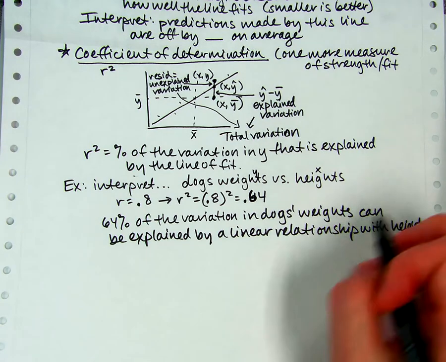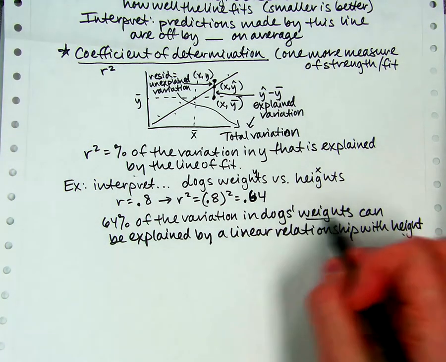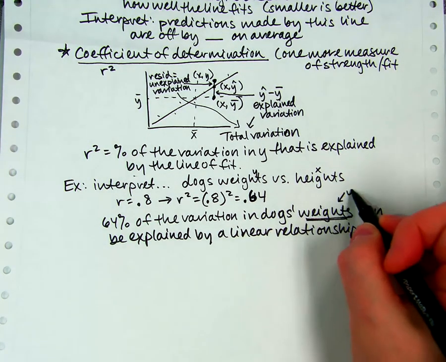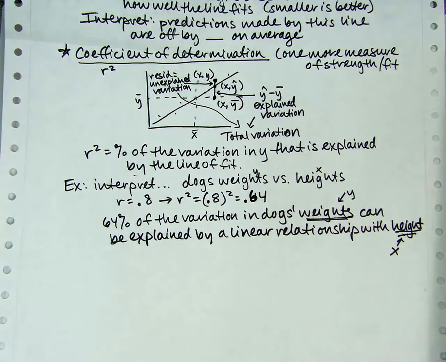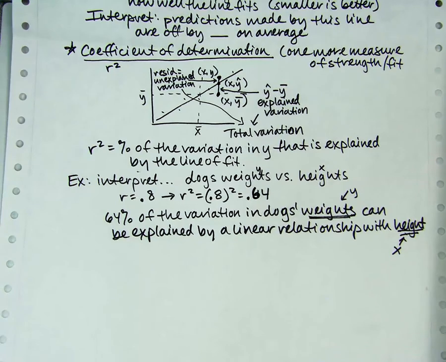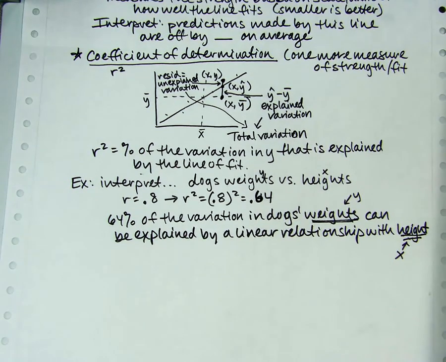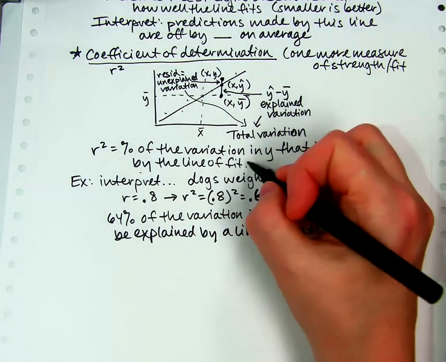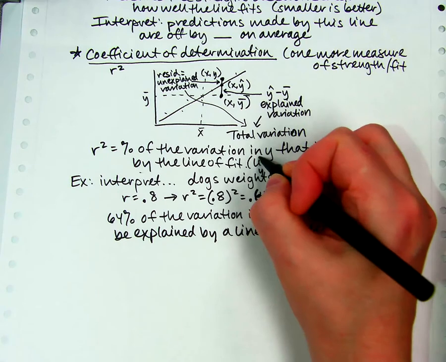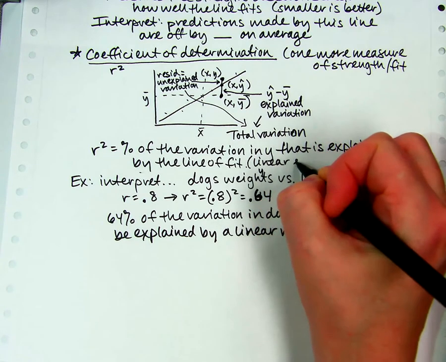So what you do is you plug in your Y value and you plug in your X value over here. And that's what the interpretation of R squared looks like. It's always the percent of the variation in Y that can be explained by the line of fit or by the linear relationship with X. I should probably put that.